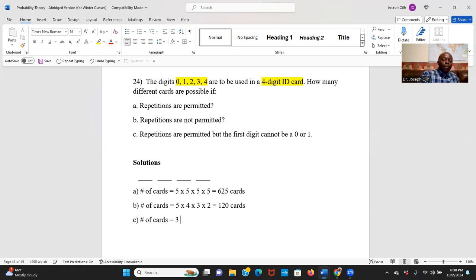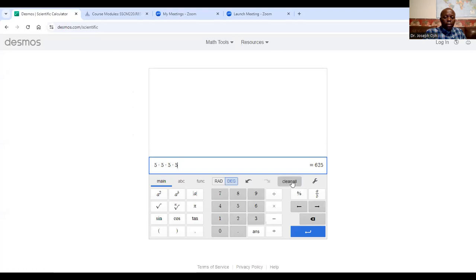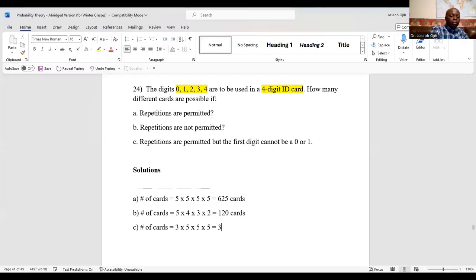But the remaining slots can use any of the 5 numbers. So 3 times 5 times 5 times 5, which is 375 cards. 375 cards. Okay. So any question on this one?